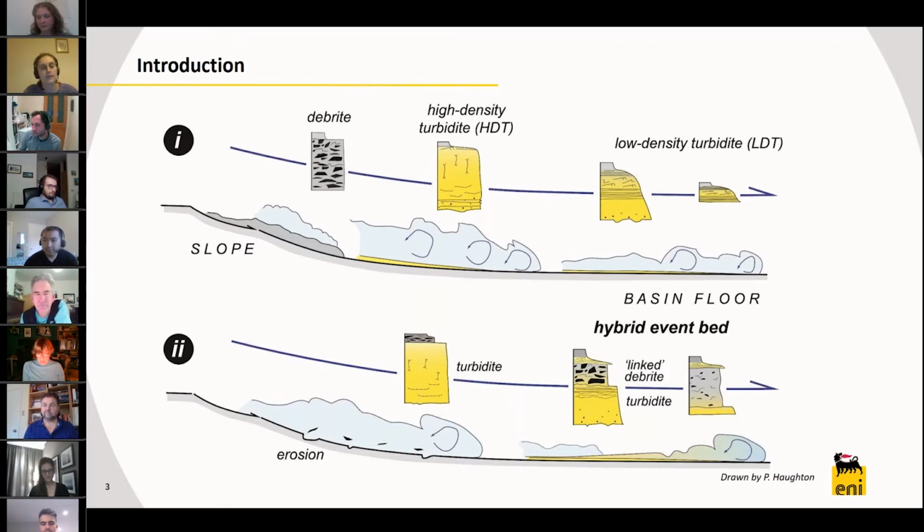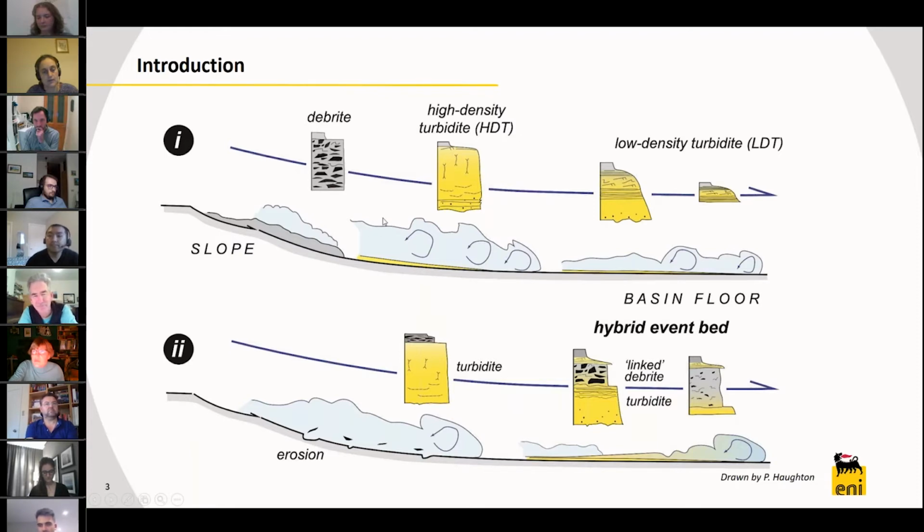Everybody knows that the conventional gravity flow has a general facies tract that predicts poor quality facies in terms of debris developed mostly on the slope, like in side channels or in the area where they deposit closer to the source.